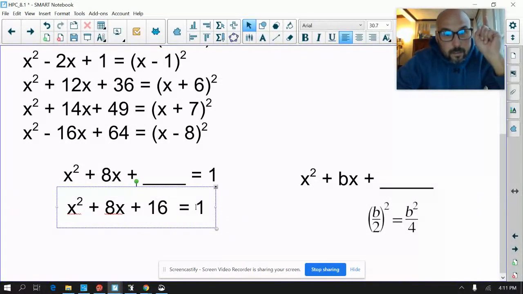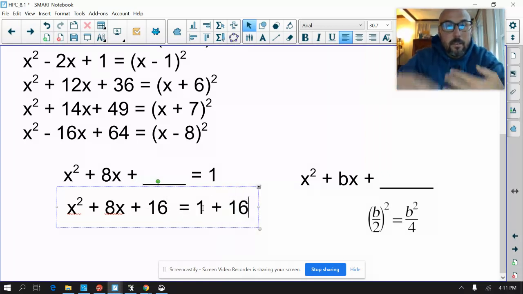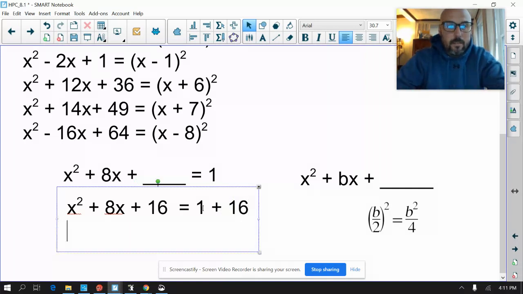But now wait, you just added 16 to the left side of the equation. Now it's not balanced anymore. You have to keep the balance. So since we chose to add 16 on the left side of the equal sign, we must add 16 to the right side of the equal sign. We have to keep it balanced. And now what do I have?